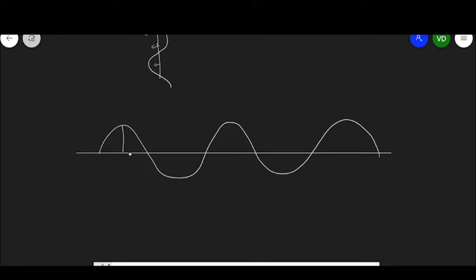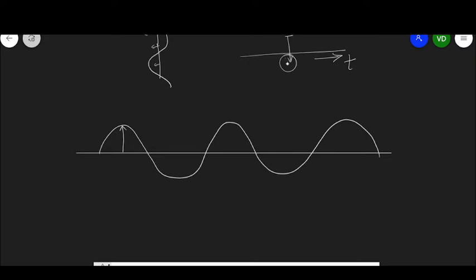Now you can just imagine, suppose a sewing machine. In a sewing machine there is a bobbin, and the needle is just jumping up and down, and there is a cloth that is moving in this direction. Now you can consider this as time, so time is moving, and the needle is just jumping up and down.